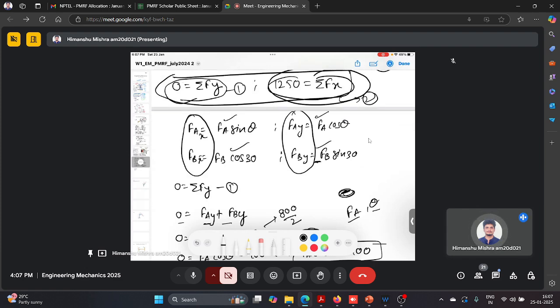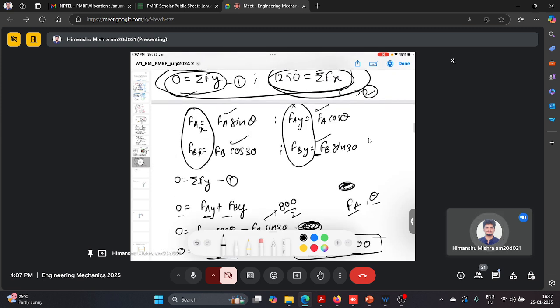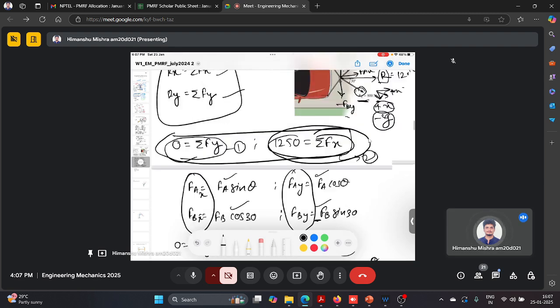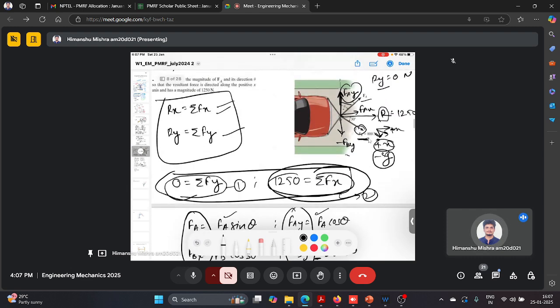So basically the summation of Fax plus Fbx. Fax is Fa sin theta and Fbx is Fb cos theta, and you can see from this figure both are in the positive x direction.